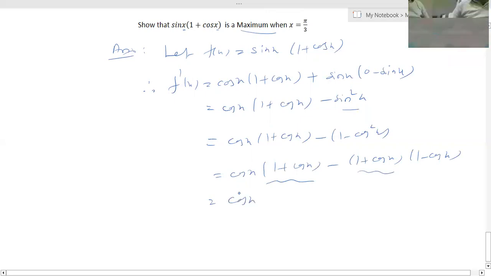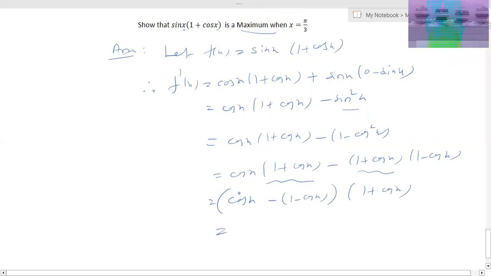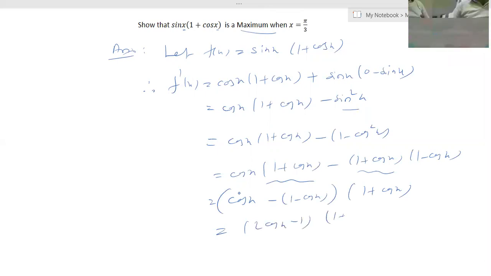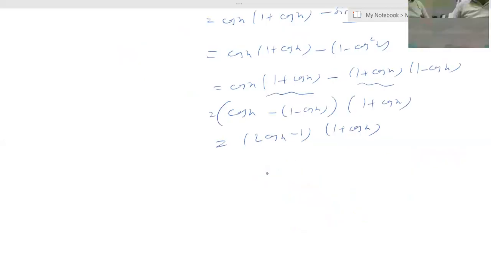Take it as a common factor: 1 plus cos x times cos x minus 1 minus cos x. You simplify this expression, it becomes 2 cos x minus 1 times 1 plus cos x. Equate this expression equal to zero. Next, in the second step, after finding the derivative, find its roots.